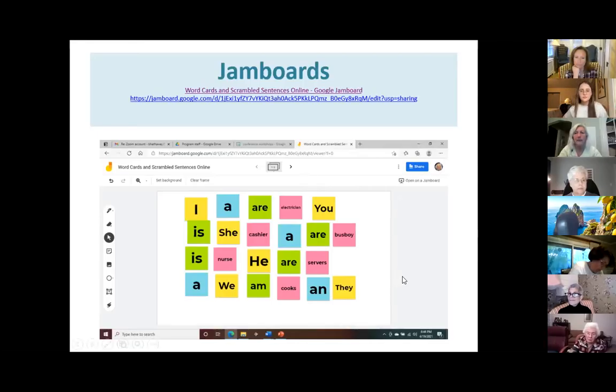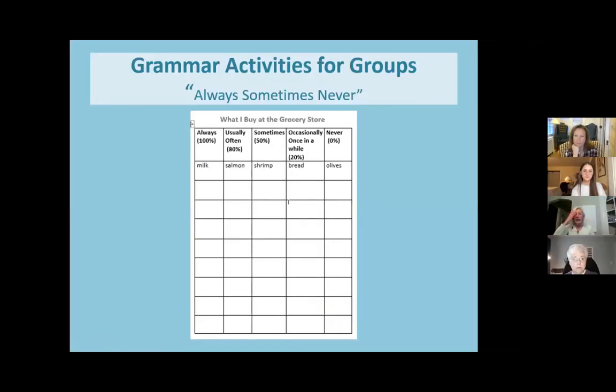Okay, now can everybody see my screen again with my Jamboard? Back to where we were. Okay, so now this is one of my favorite activities to use with groups.